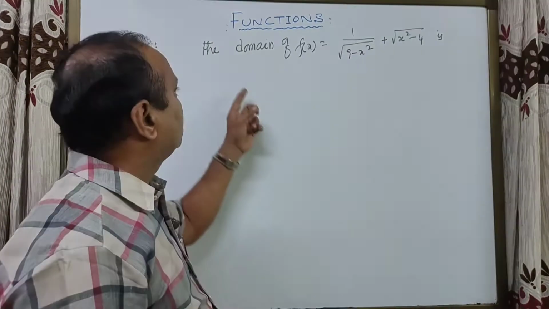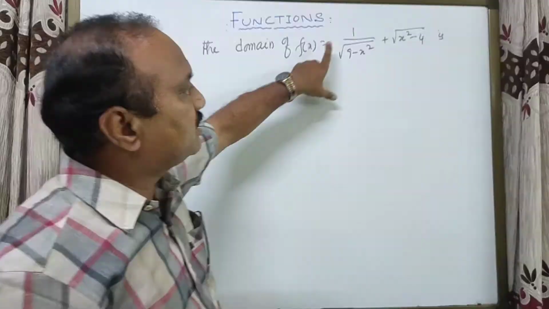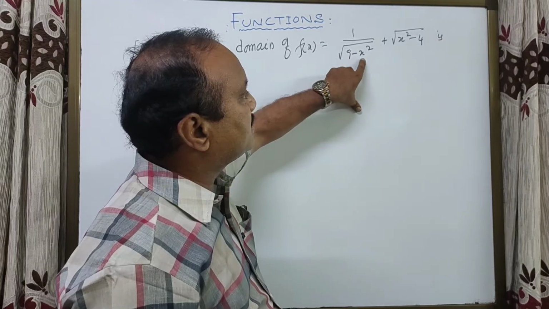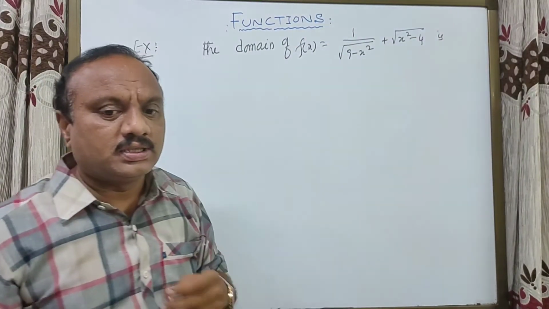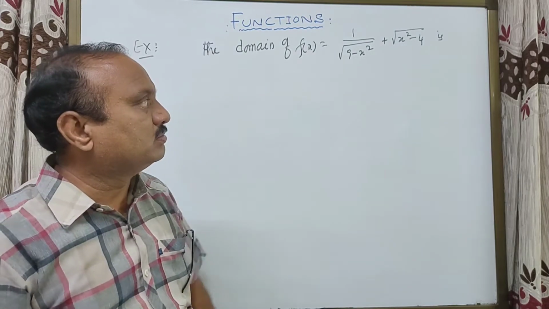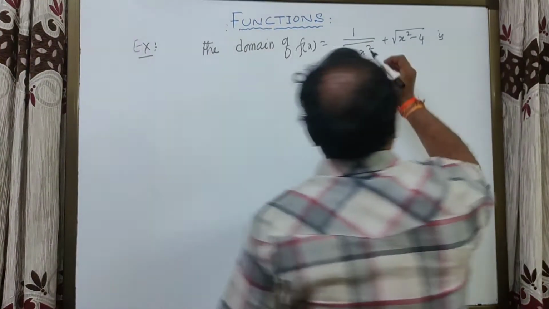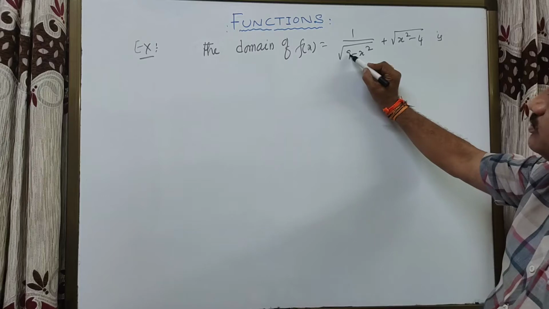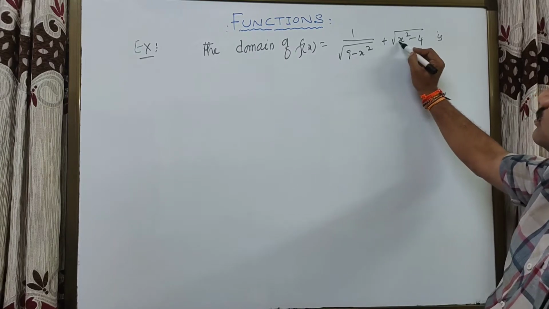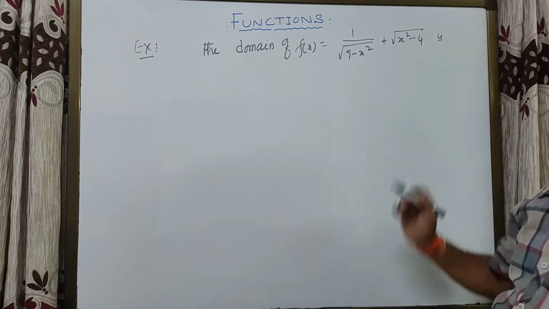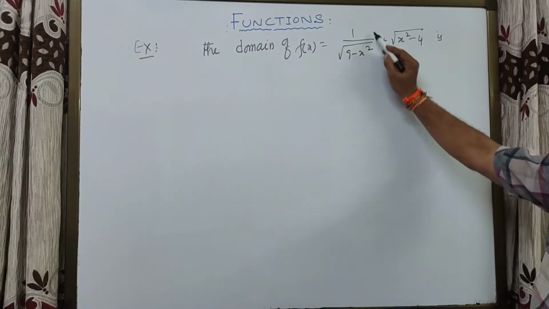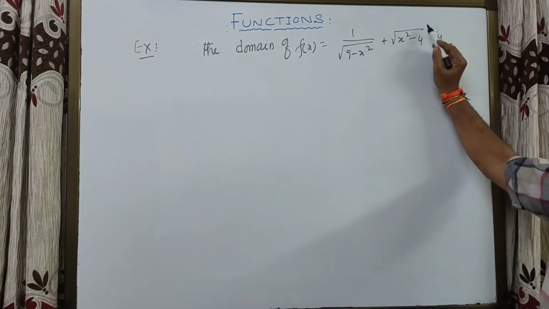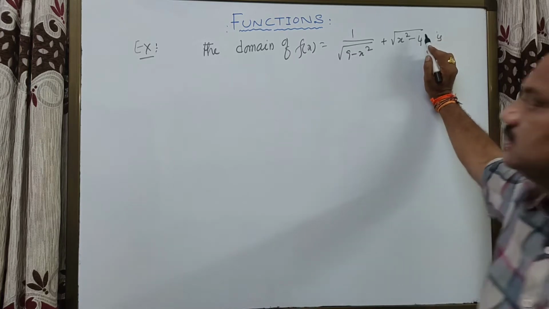See this example. We want the domain of f of x equal to 1 by root of 9 minus x square plus root of x square minus 4. Students, here we have two functions. F of x is defined when both functions are defined.